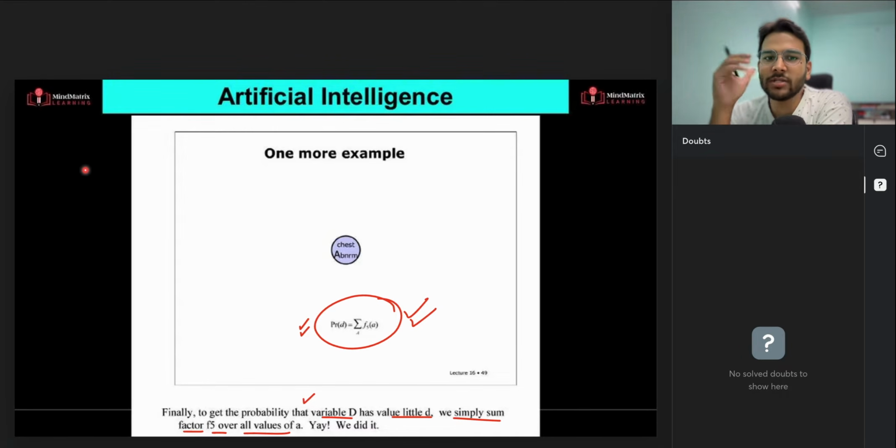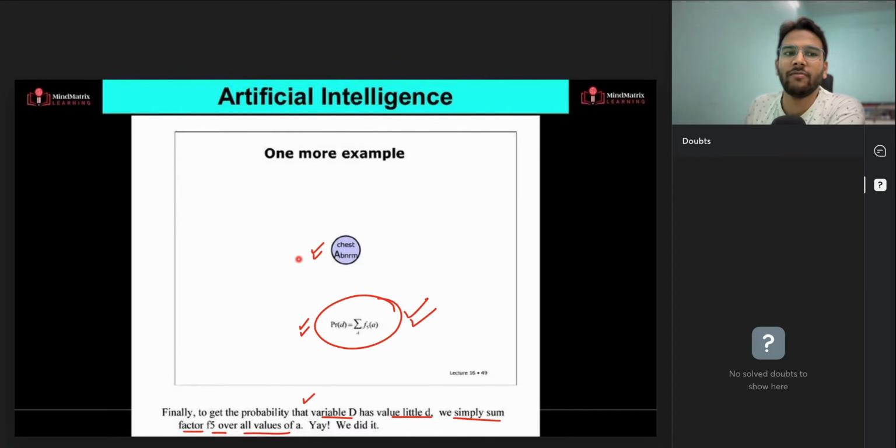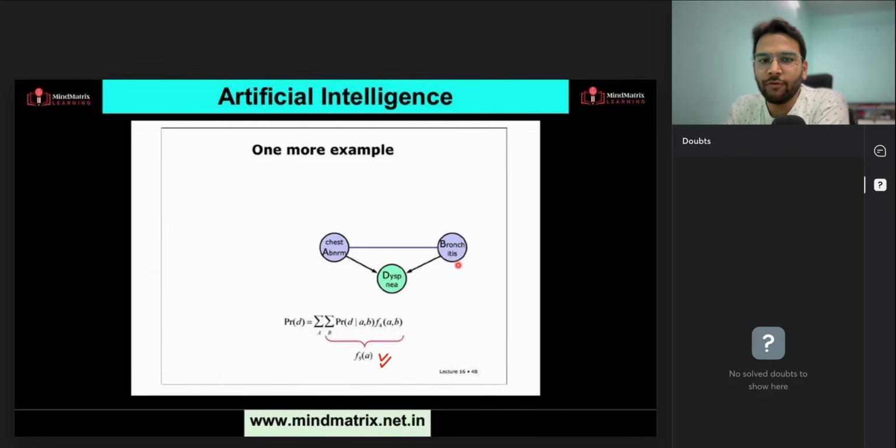D was depending on B and A mainly. We eliminated B, and then now we have just one variable, that is A. So that means in order to find the probability of D, you can just sum over this factor of A, right? And that will give you the value of D. That is the reason why we are not writing D on the right hand side explicitly now, because all we have is just this single variable A. If you go back to this slide, what do we have here?